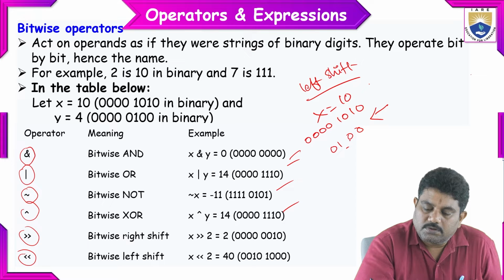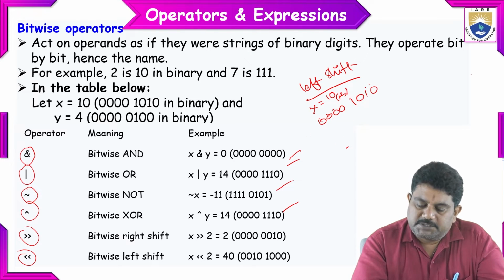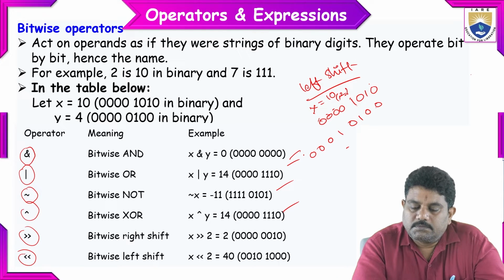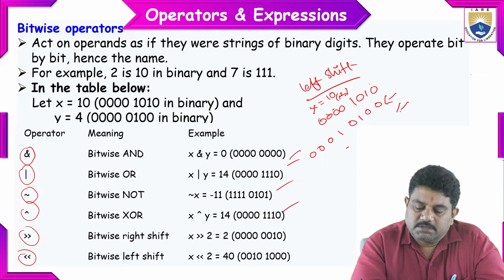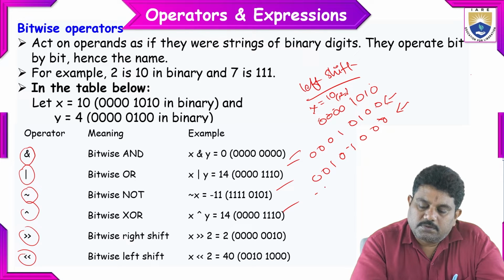One more 0 added here. Left shift. What happened first time? It becomes 0, 0, 1, 0, 1, 0, 0, 0 in the first shift. And again in the second shift, 0, 0, 0, 1, 0, 1, 0, 0.